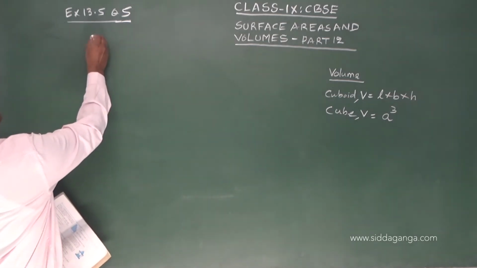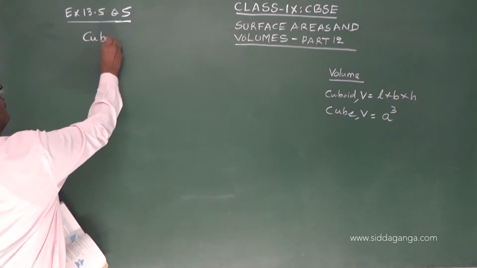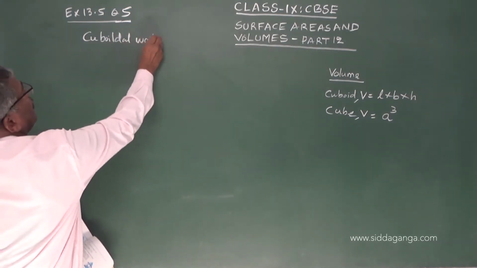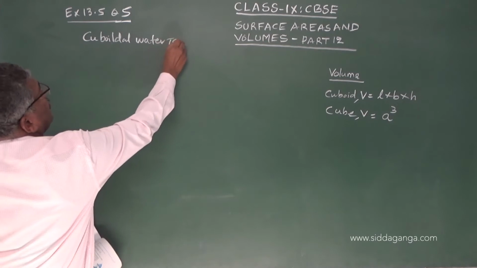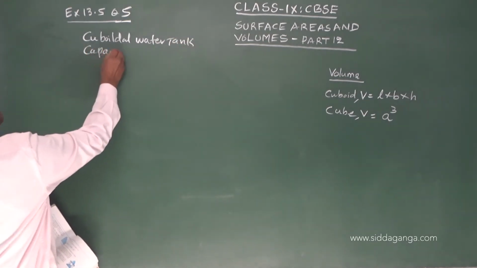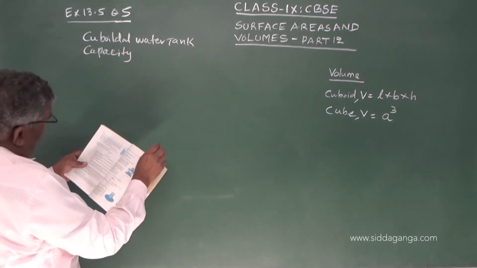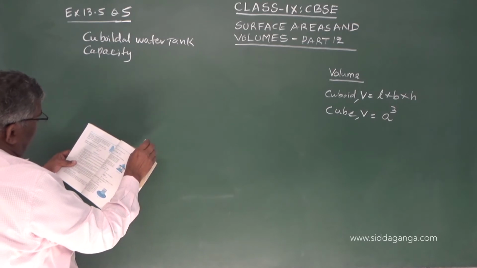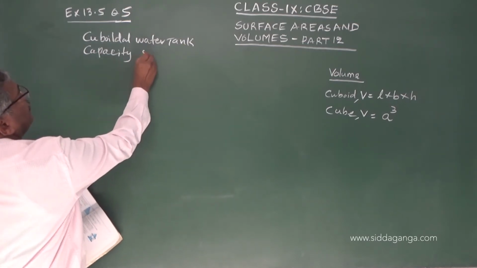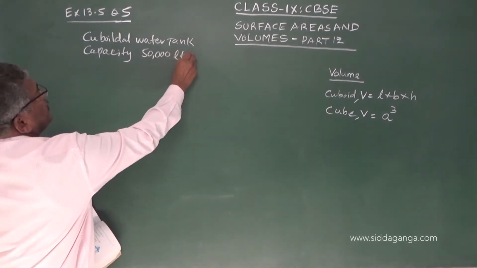So, cuboidal water tank, capacity 50,000 liters.